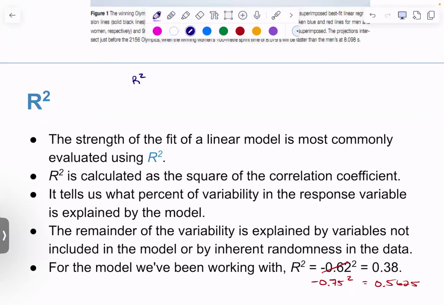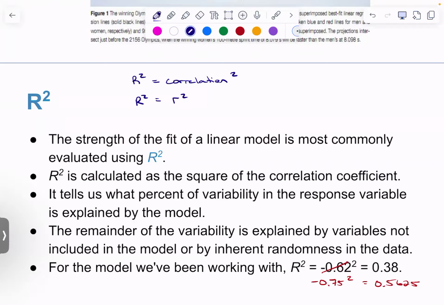R squared is the correlation squared. For some reason, the typical notation is a capital R squared, whereas for the correlation, I tend to use a lowercase r squared.